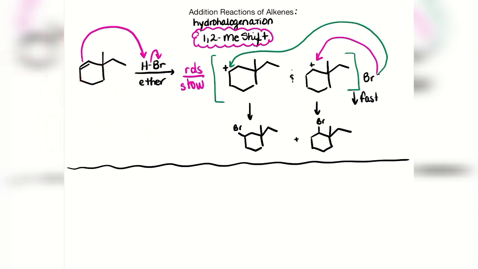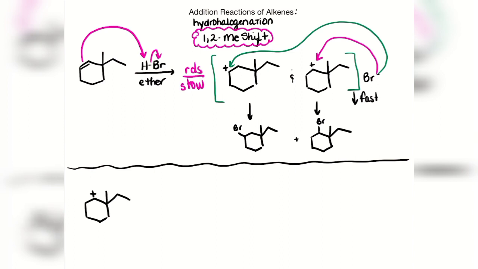So since we see that methyl, we want to choose the closest carbocation intermediate to the methyl, which would be the one over here. So that means I need to use this intermediate in order to move forward. So that means I will take the intermediate.